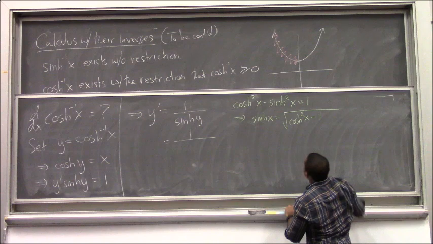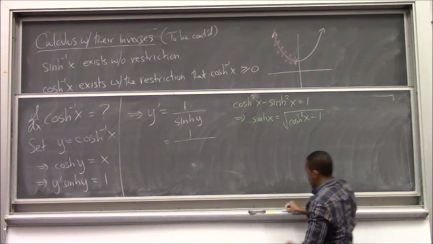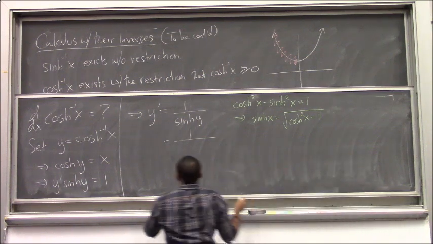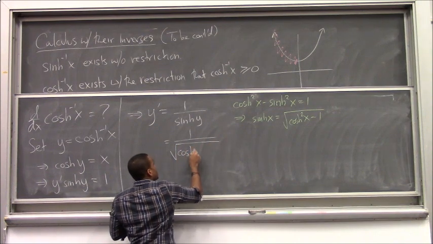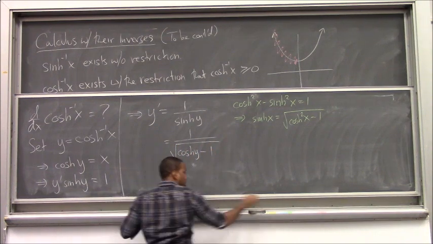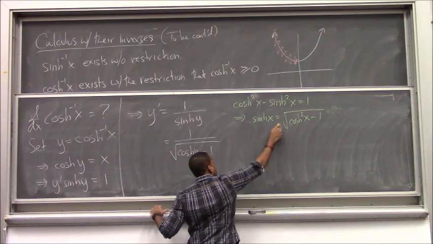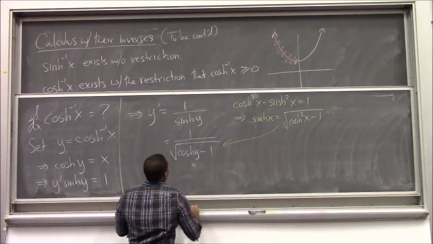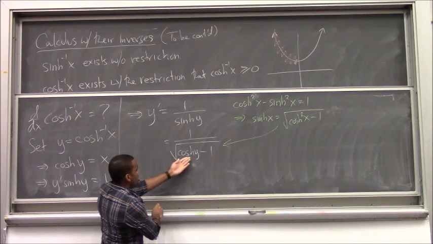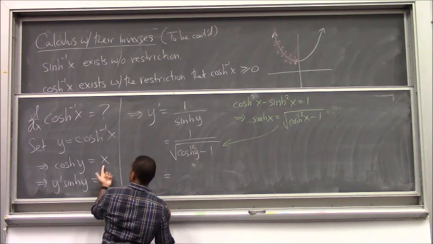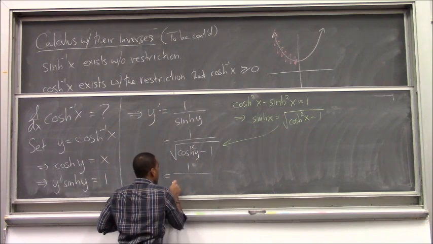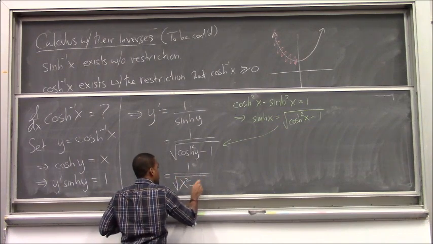Sinh y is the radical of cosh squared y minus 1, by applying that identity here. And cosh of y is just x. That's 1 over the radical of x squared minus 1.